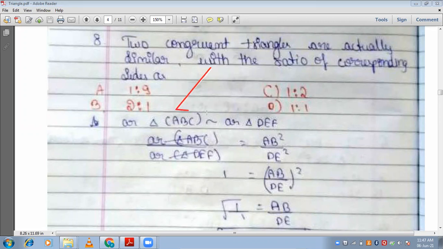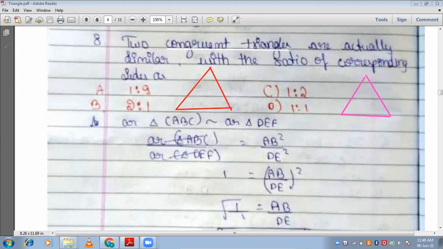This is triangle ABC, and another triangle. This congruent triangle is important here, so mark it down.